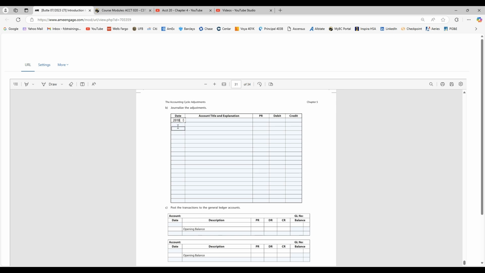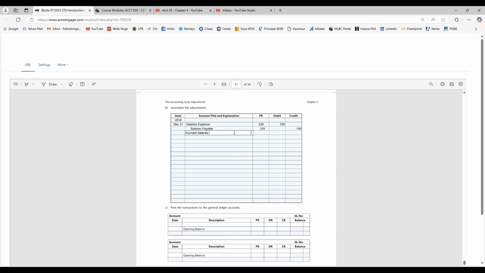Okay, and then we're going to go through and journalize these adjusting transactions essentially. So our first one was our salaries payable. So that was 750. And then here we've got account number 520, and this is account 220 for salaries payable.